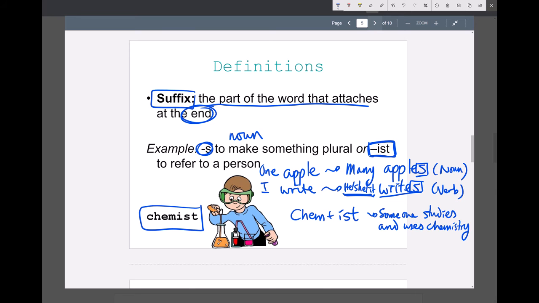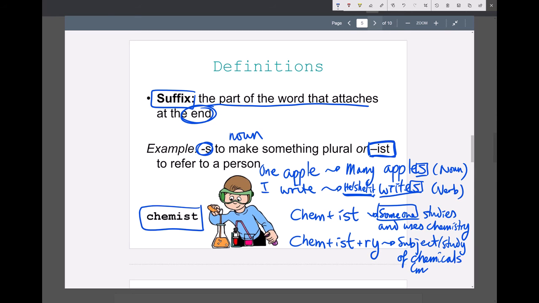And before I go too far off topic, notice you can add a suffix to another suffix. See? Chemist plus ry. So now, instead of talking about a person, chemistry is the subject, or the study of, well, in your textbooks it'll say matter, but let's just say for now chemicals. Another suffix. See that?